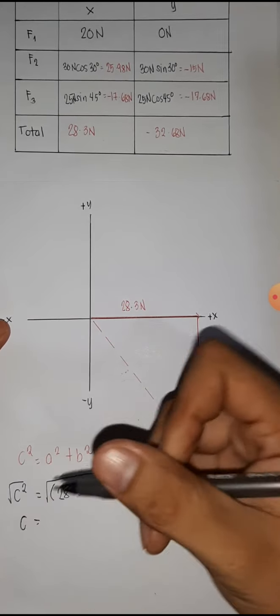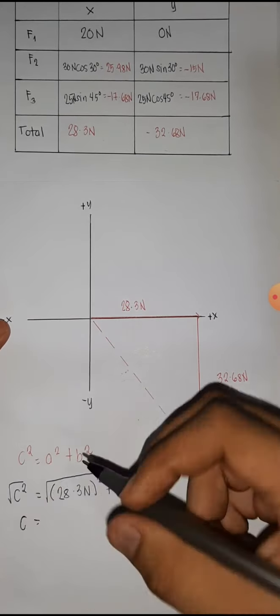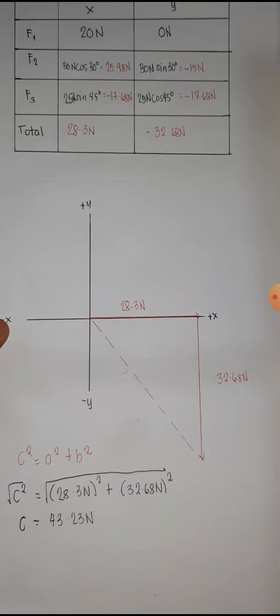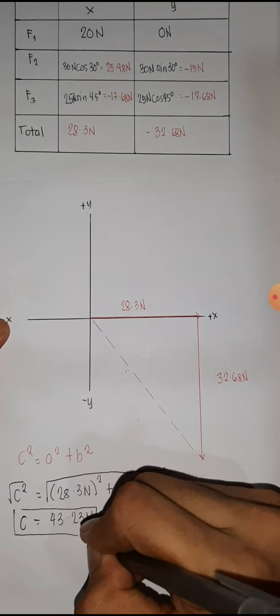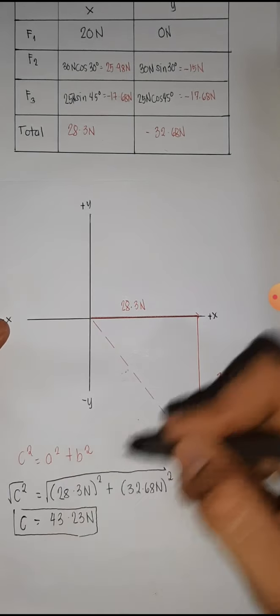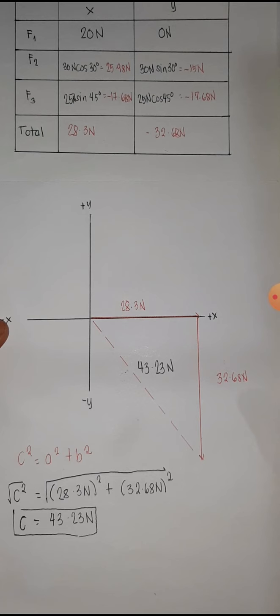So c for this one would be 43.23 Newton. This is the magnitude of your resultant vector. So from this point up until this point, this will have a 43.23 Newton magnitude.